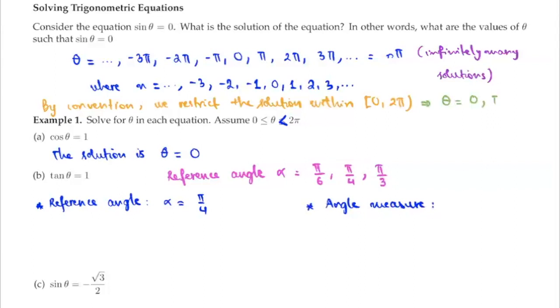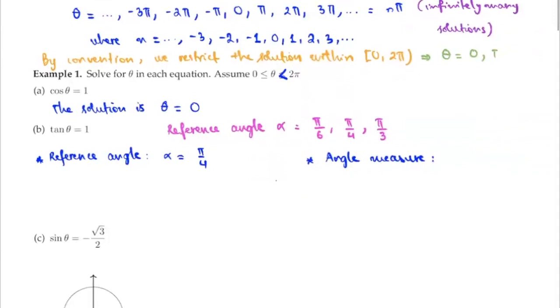So here it goes. In the first quadrant, the value of theta will be equal to exactly the reference angle, so in this case pi over 4. In the second quadrant, the value of theta is equal to pi minus alpha. I'm going to stick with radian measure at this point, and you have pi minus pi over 4 equal to 3 pi over 4.